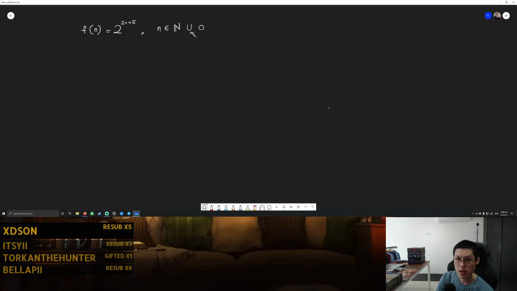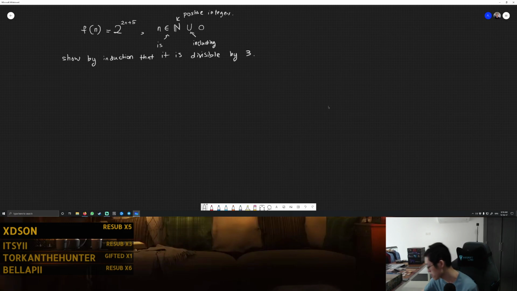So this symbol here means including 0, and this means positive integers. We need to show that this function is always divisible by 3. So show by induction that it is divisible by 3.